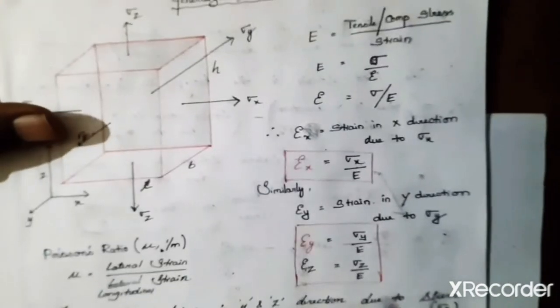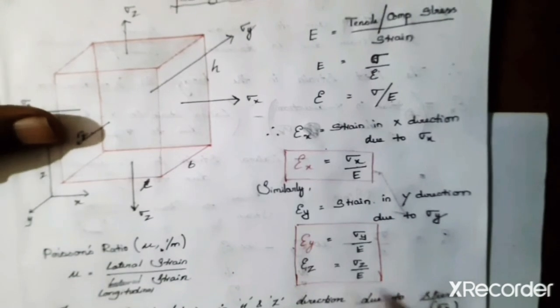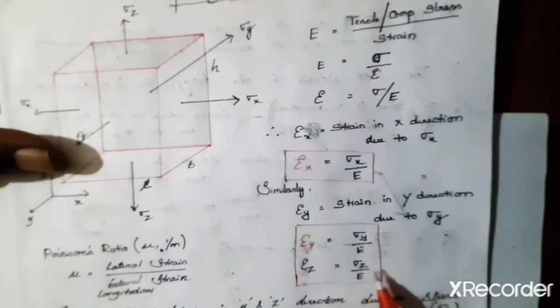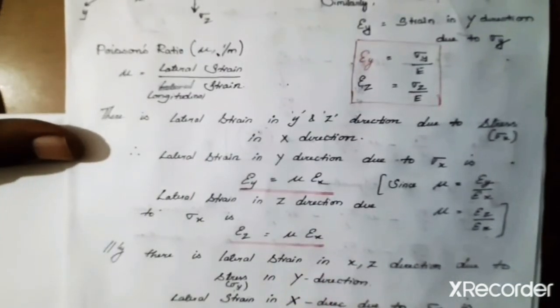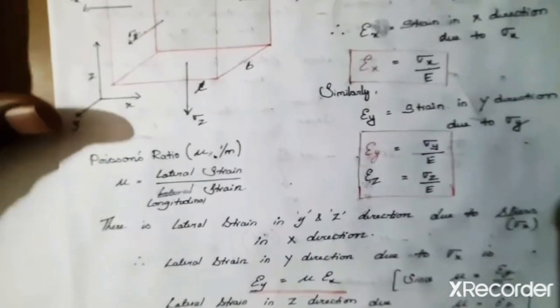To get the net strain in z direction, I need to add the longitudinal strain in z direction and the two lateral strains in z direction because of sigma x and sigma y. Isn't it right? Okay, so now let us try to write these equations here.